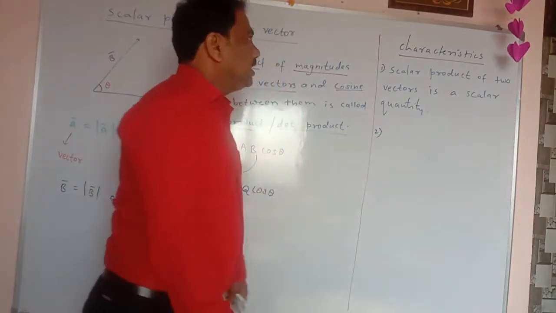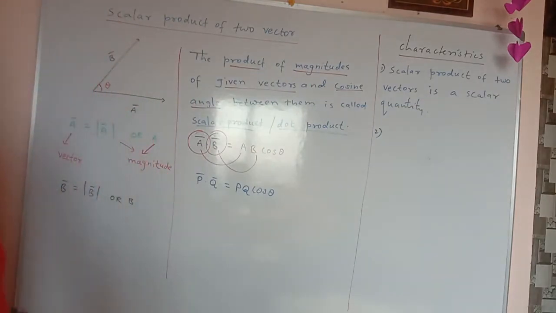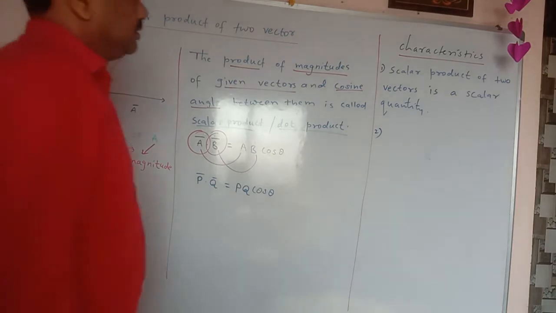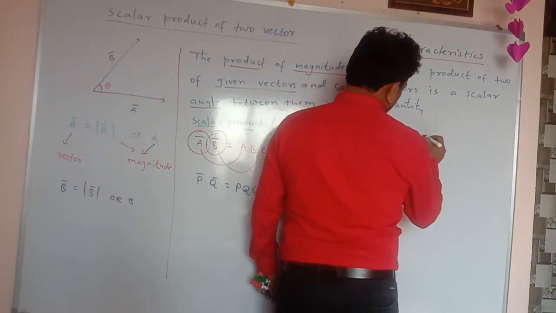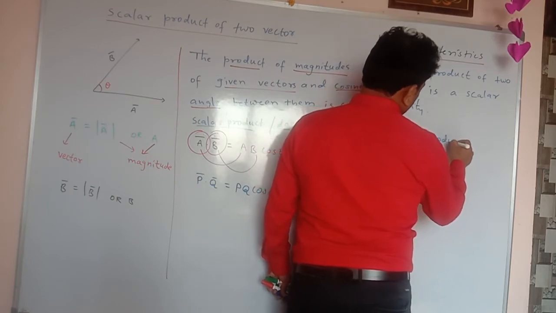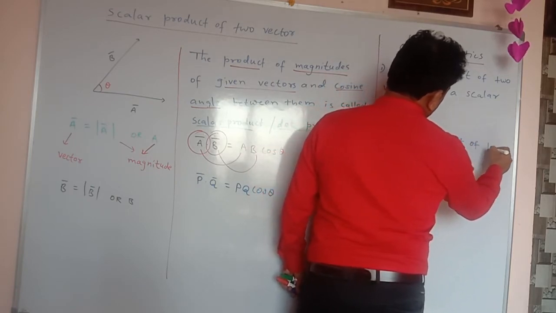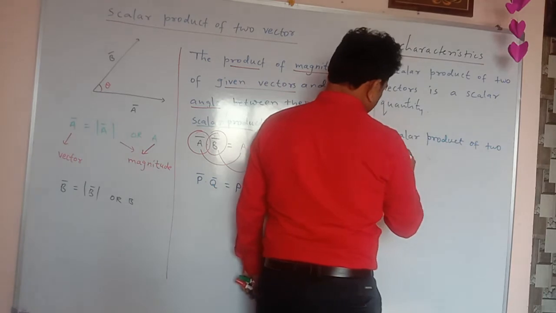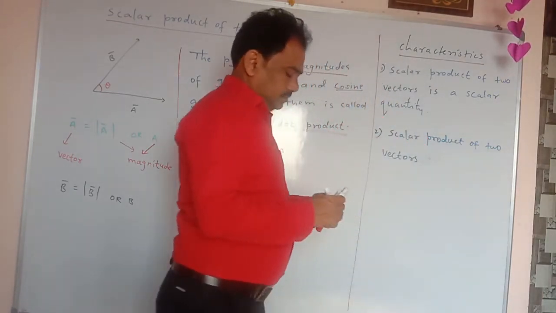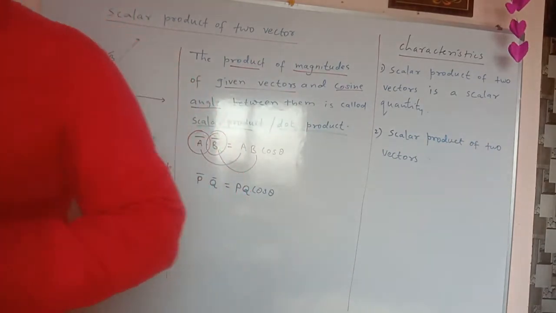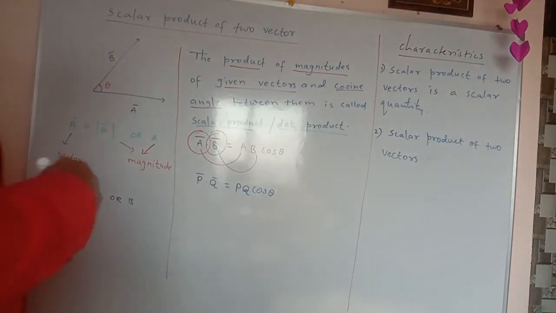What about the second characteristic of this dot product? The scalar product of two vectors has no direction.